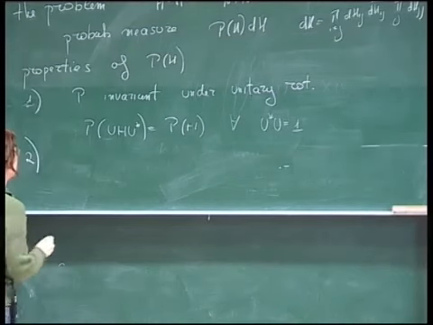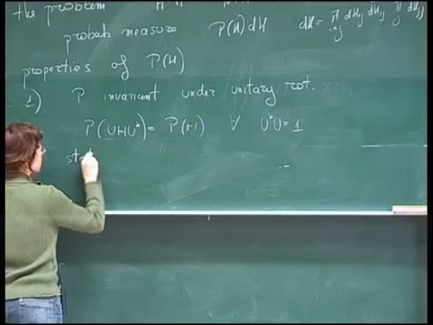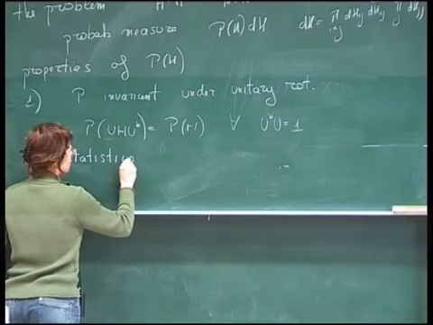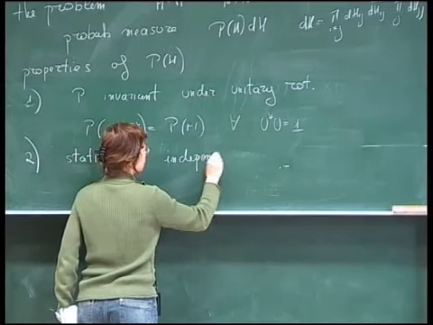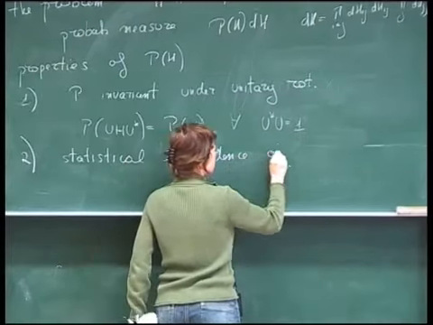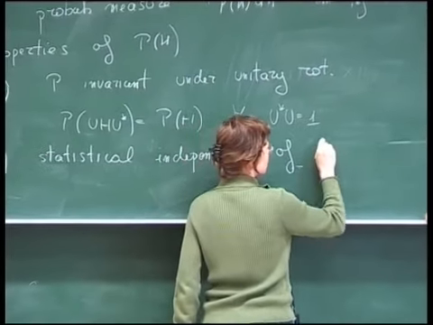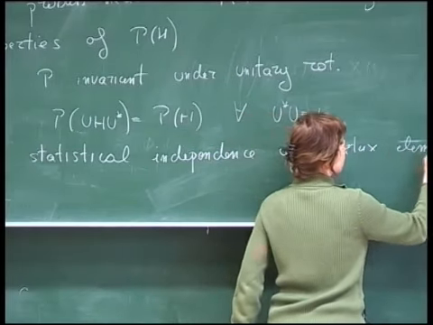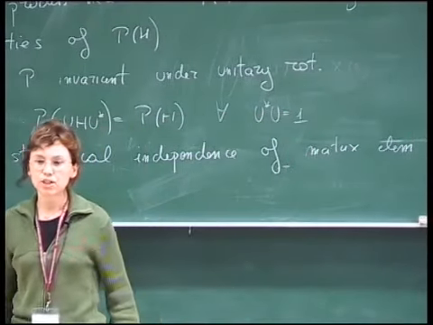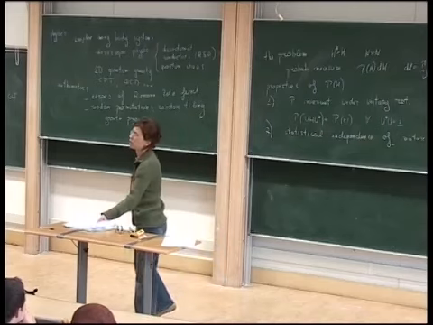Second property, you could have statistical independence of the matrix elements. That means that you know as little as possible about your physical system.